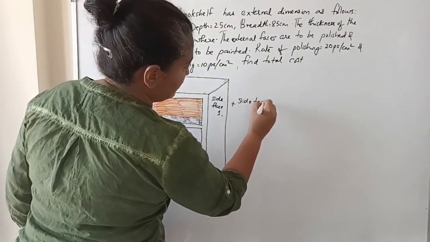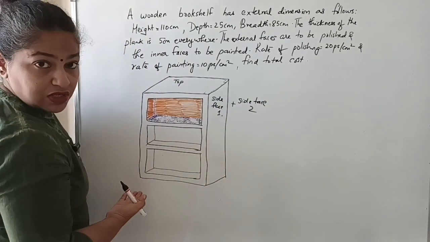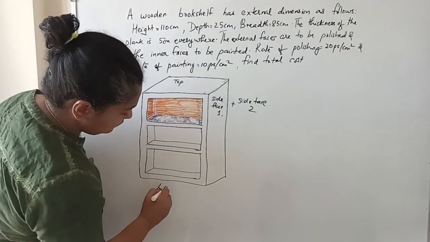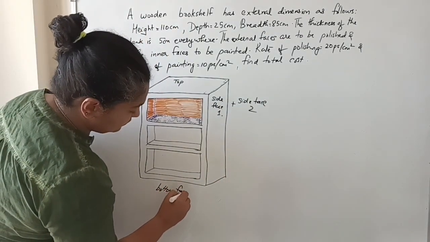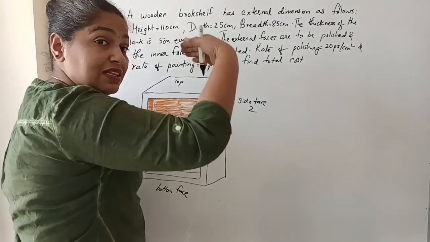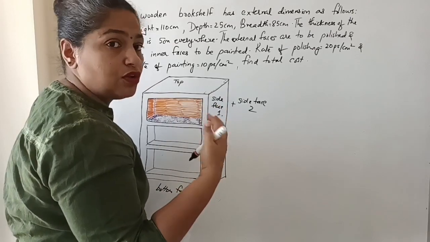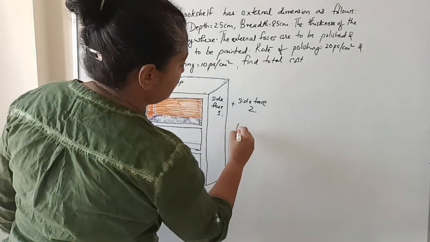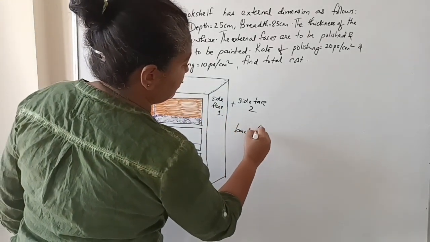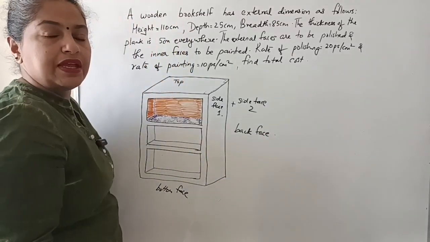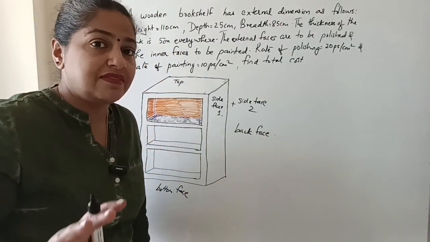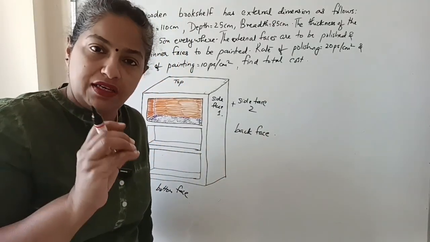Correct. I have a bottom face over here. And because it is a bookshelf, there has to be a back side also. So I have a back wall or a back face over there. Okay, these are the various external parts whose area I need to find.